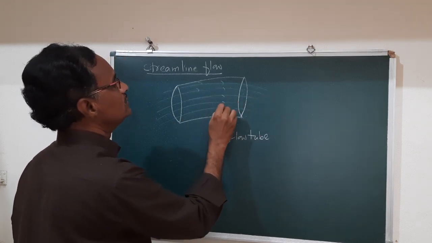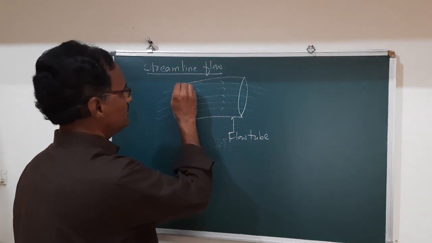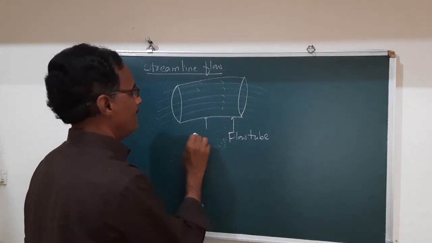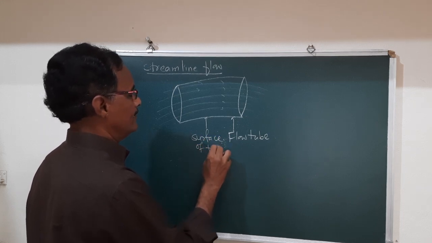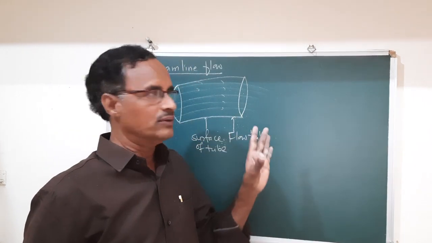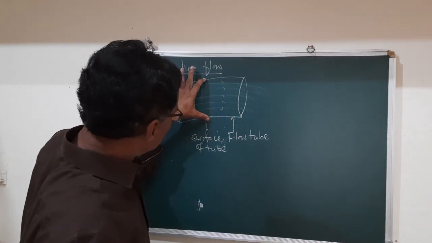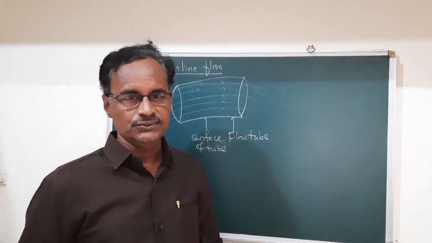This is the motion of the fluid inside this flow tube. Now these are the two surfaces of the tube, and within these two boundaries we can find the flow of the fluid inside this tube.